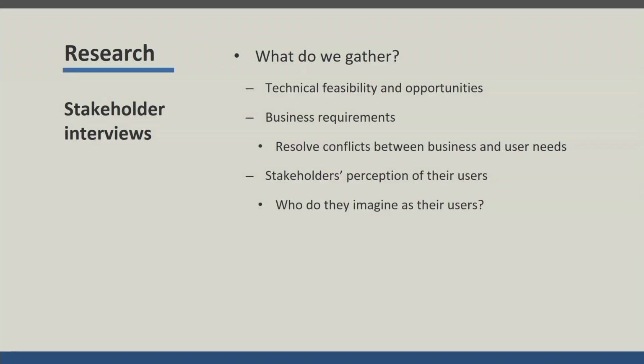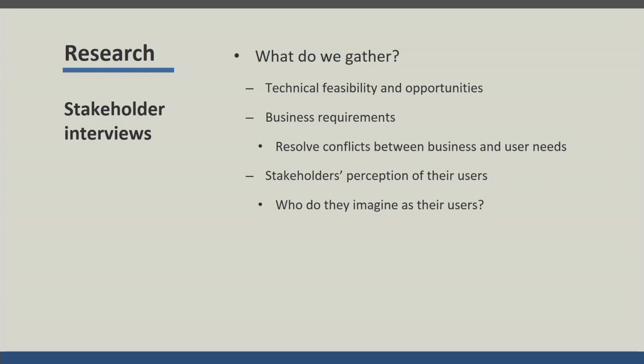Technical feasibility and opportunity. So if you have interviewed the engineering team, you would come across details of technical feasibilities and opportunities. Business requirements: other than the engineering team, if you have interviewed management or marketing teams, they would give you a sense of their business requirements and help resolve conflict between business and user needs.